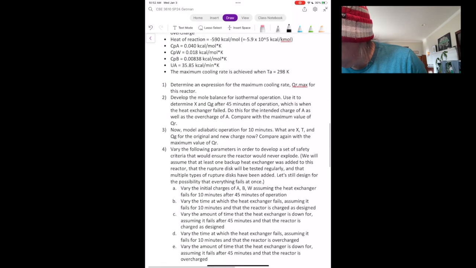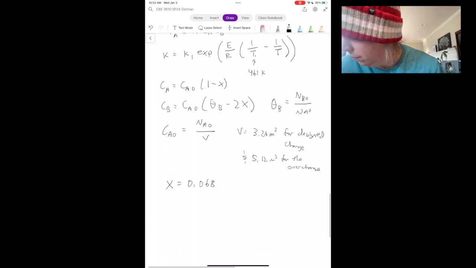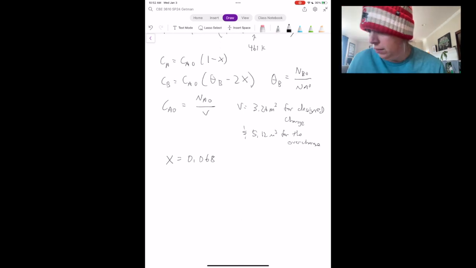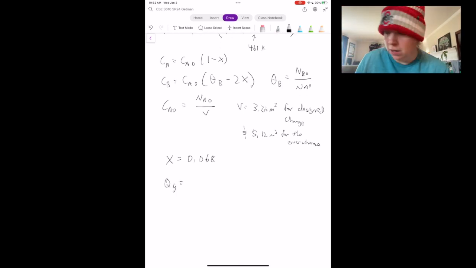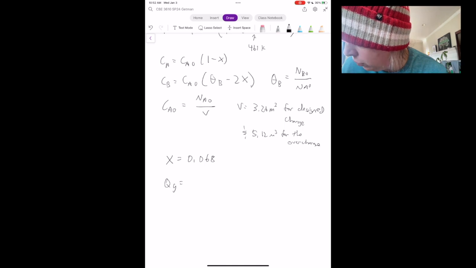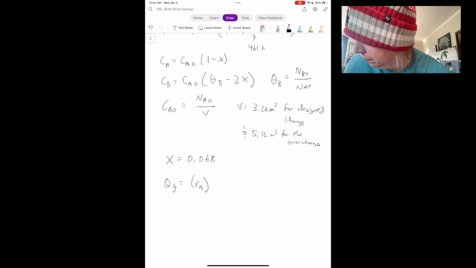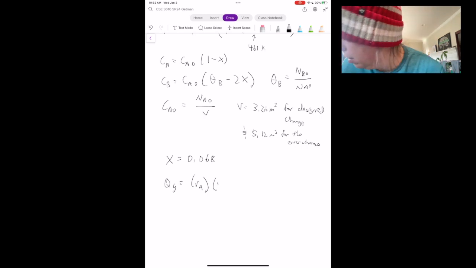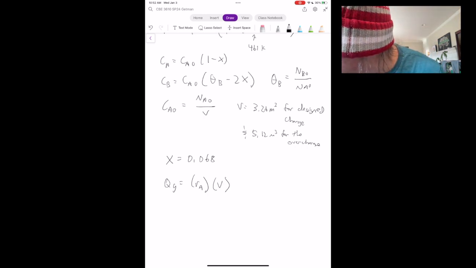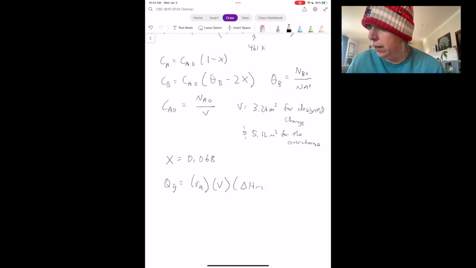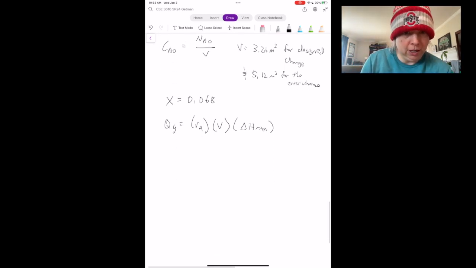Then QG is going to be equal to our reaction rate, Ra, times our volume, times our heat of reaction. So Ra we can get from our solution.